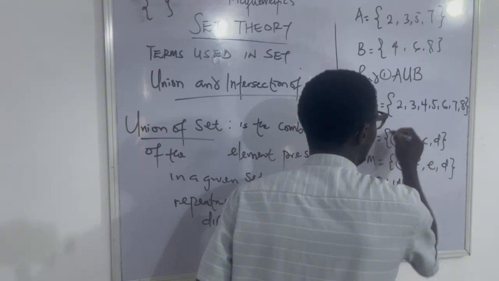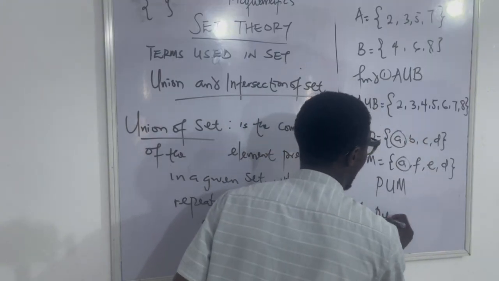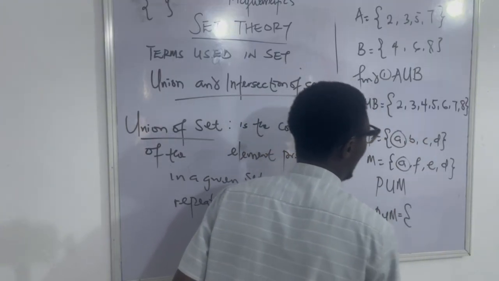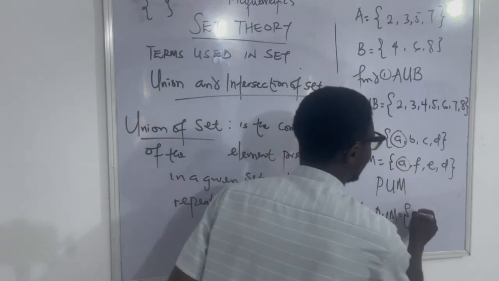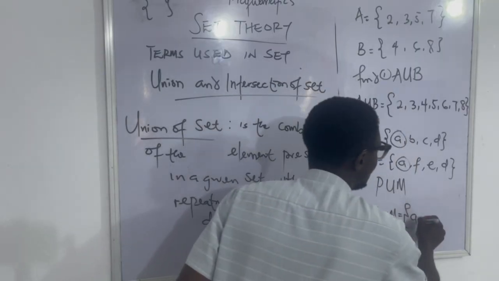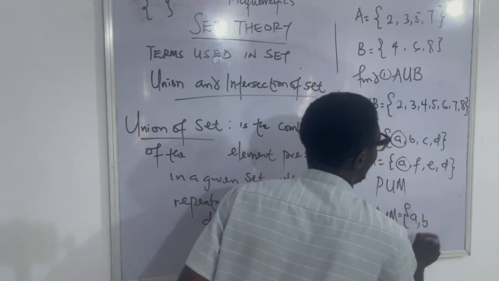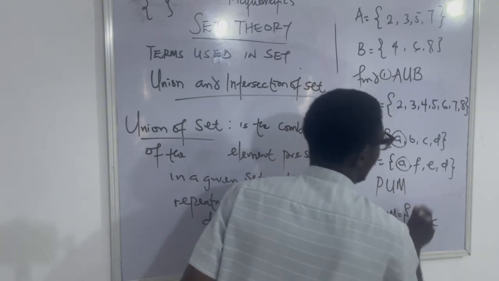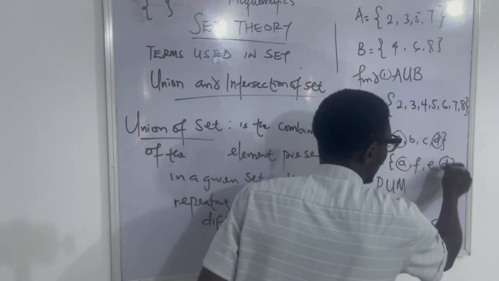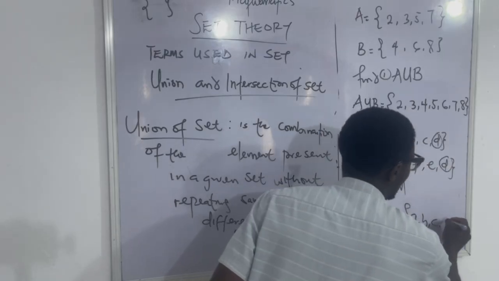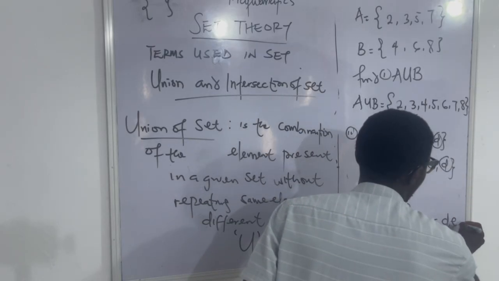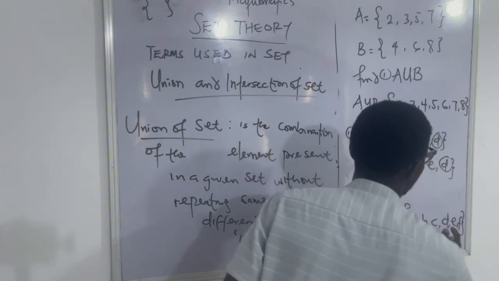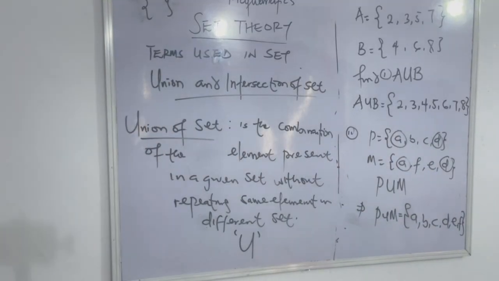A is common. P union M, we are going to represent A just a single term. B, C, D is also common. We are going to represent it just a single term. Then we put E and what? And F.